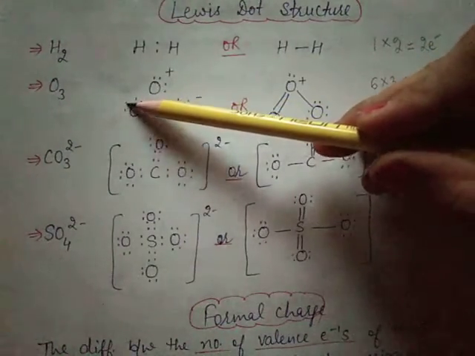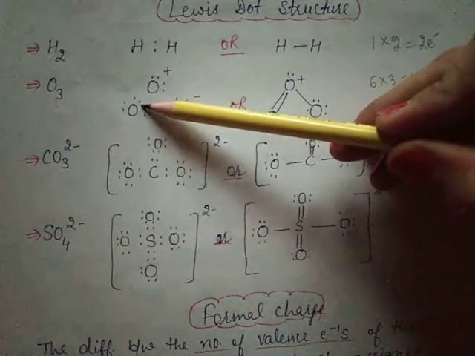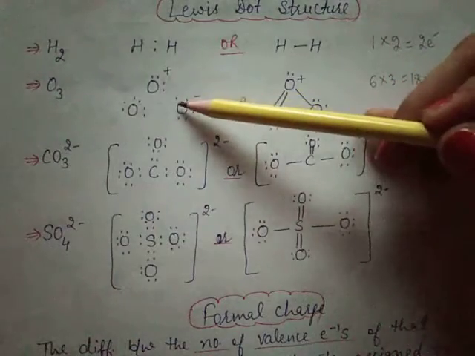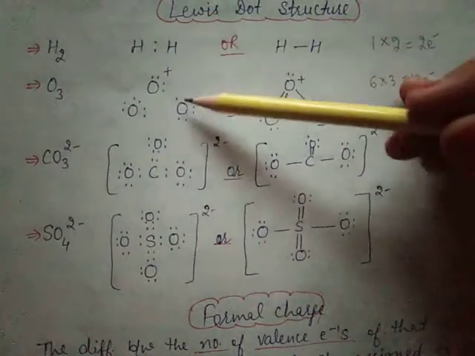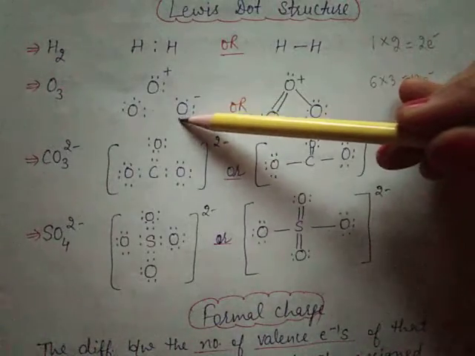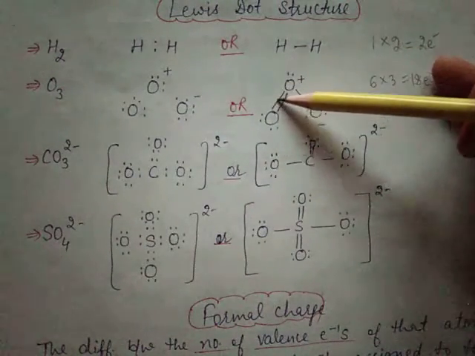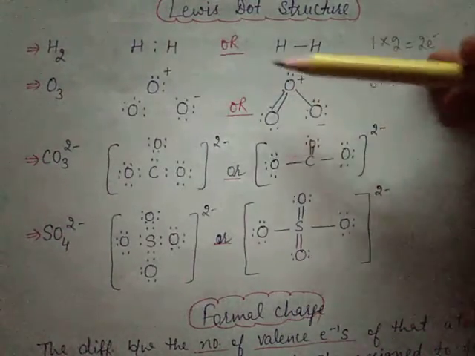This oxygen atom has 1, 2, 3, 4, 5, 6 valence electrons. This oxygen has 1, 2, 3, 4, 5, 6 and will make a single bond, only single. After that a double bond is formed.